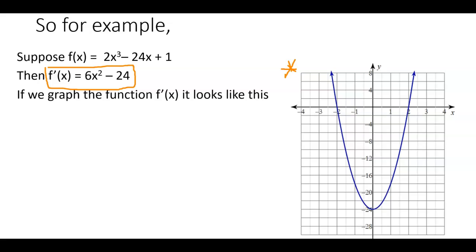So now, what's the significance of this? Well, let me ask you guys a question. Let me get my pen here. I need to write on my board. All right. Where is f prime of x, based on the graph, where is it above the x-axis?